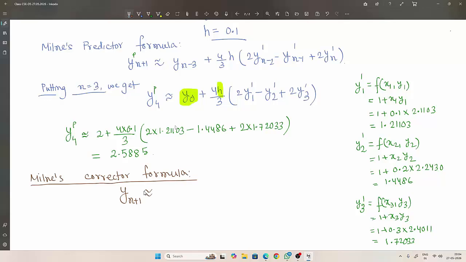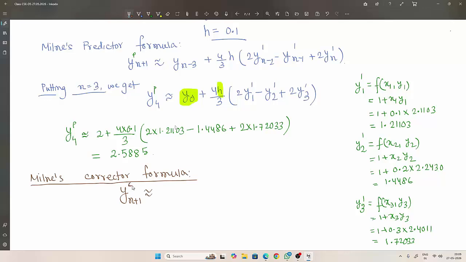If you can remember it, just go to the exam and write it at the start of your answer script. Even if you think you will forget it, it will definitely help you, because if you know the formula, you need nothing else to do the math. Only the formula is needed. Other things are very easy. So now y(n+1) corrector value, I am writing C. This C is not any complement or any other thing.